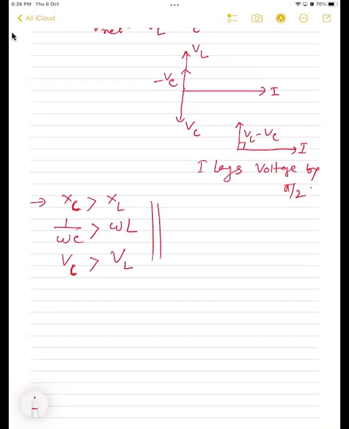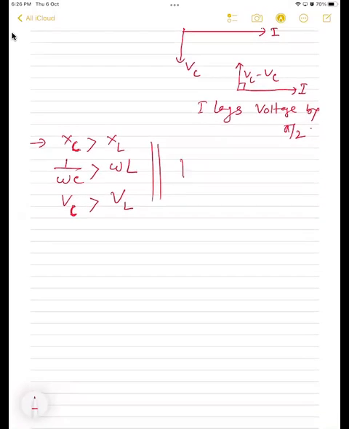So V net will be VC minus VL. So VC minus VL means VC is greater. So now the resultant is going to be VC minus VL, and this is I. This is 90 degrees.